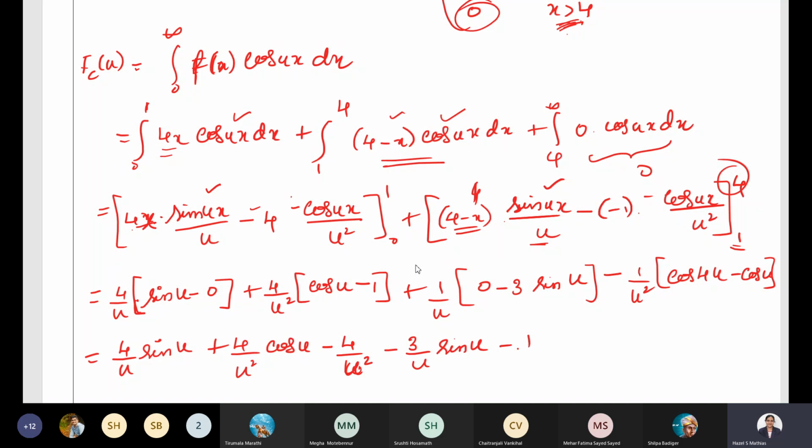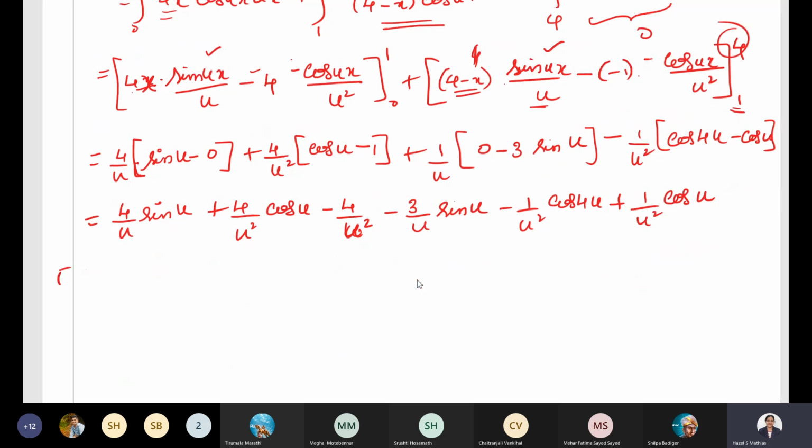Last term, minus 1 by u square into cos 4u. Minus of minus will be plus 1 by u square into cos u. Now try whether you can cancel out any term. See here, 4 by u sine u minus 3 by u sine u. 4 minus 3 is 1. So you will have 1 by u sine u.